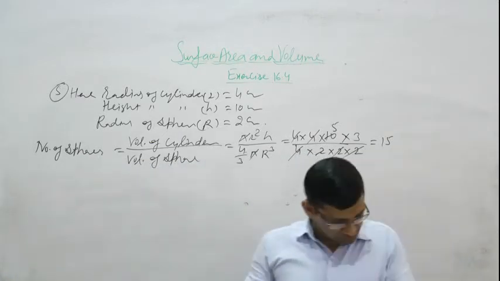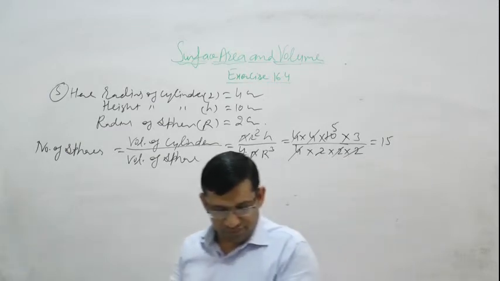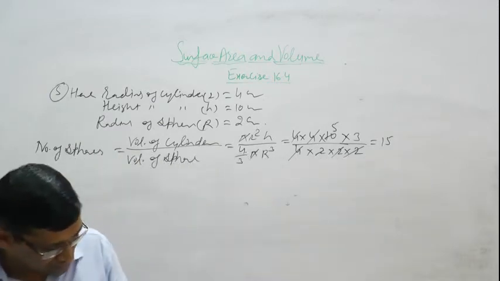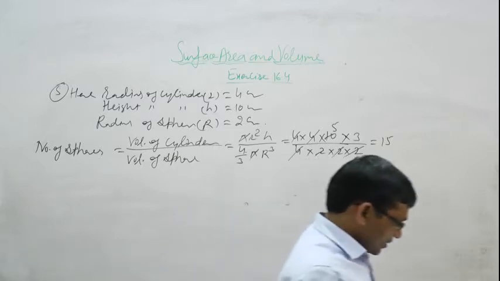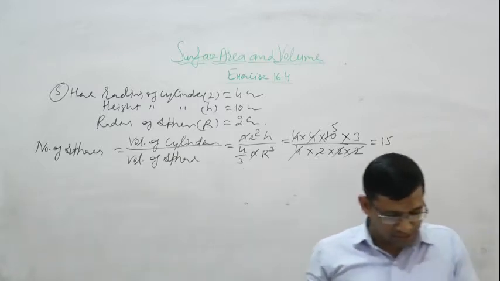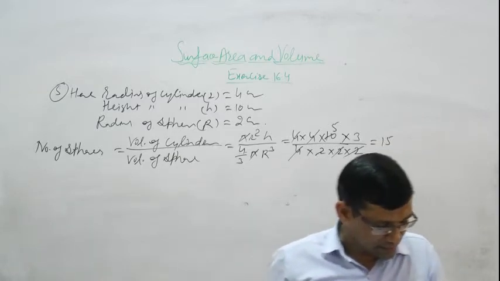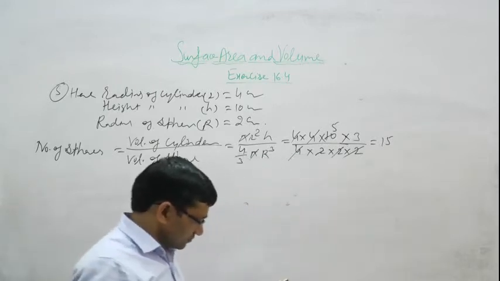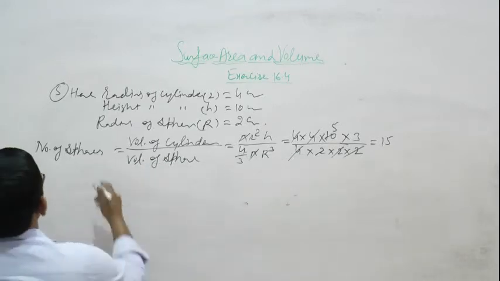Then some students ask question number 7. How many cones of 3 centimeter radius and 6 centimeter height are formed by melting a metallic sphere of radius 9 centimeter?